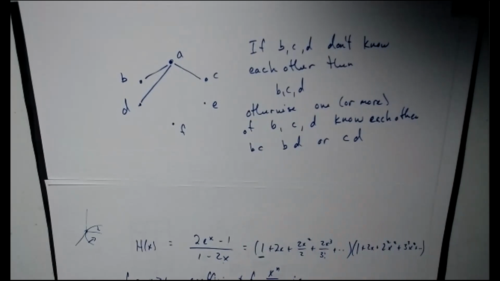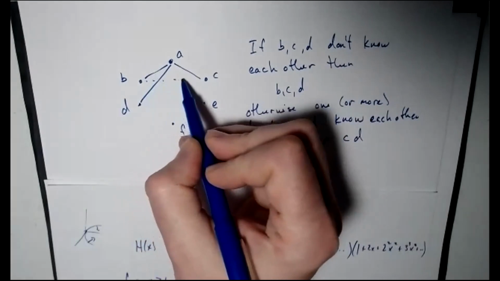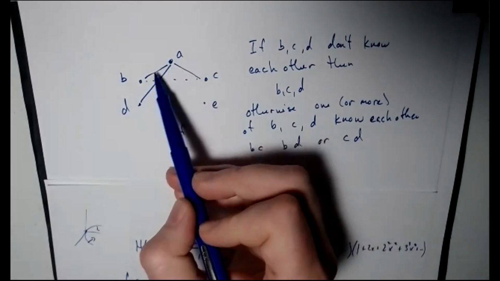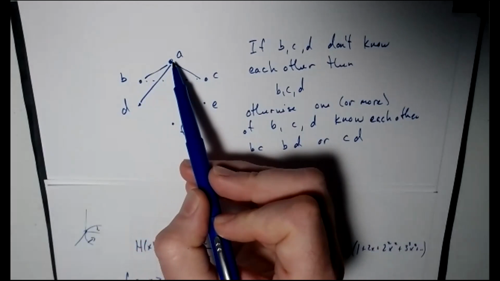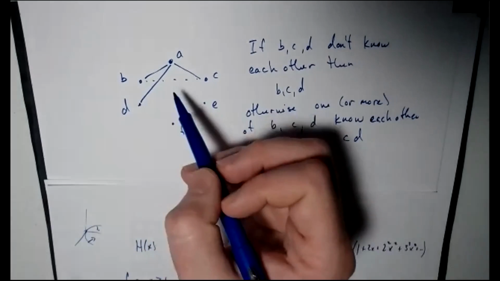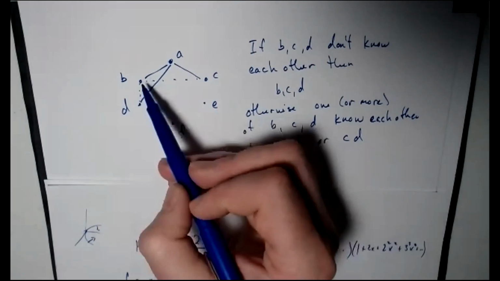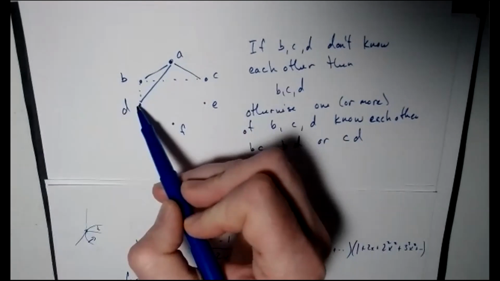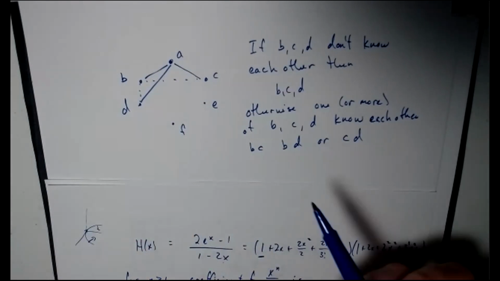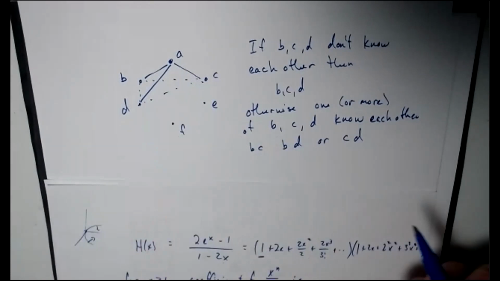If I color any of those edges, for instance, BC, then I get a triangle in my original graph, so I get that A, B, and C are mutual acquaintances. And the same is true if instead I said, well, maybe it's just B and D that know each other, then I get that triangle of mutual acquaintances. Or if I said C and D know each other, then I get the triangle ACD.